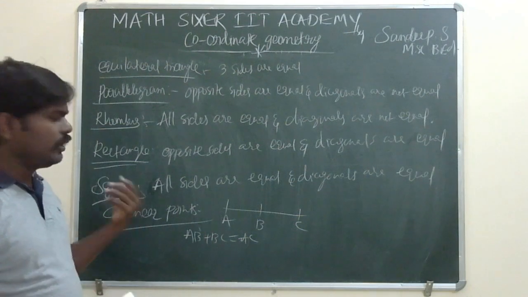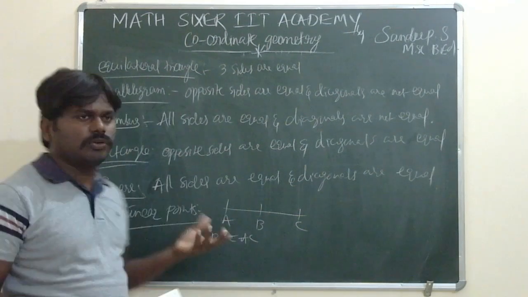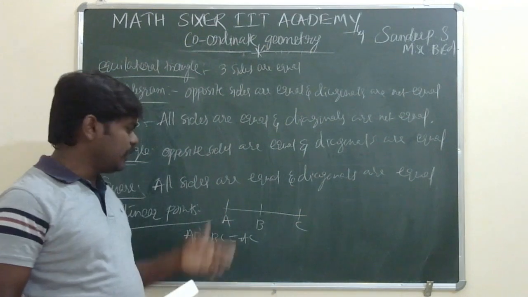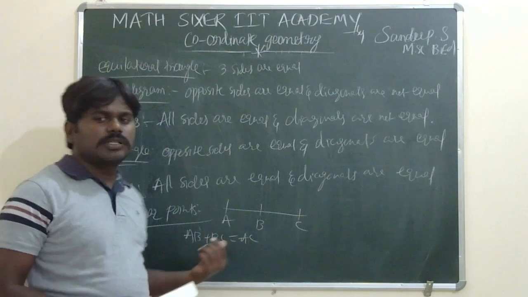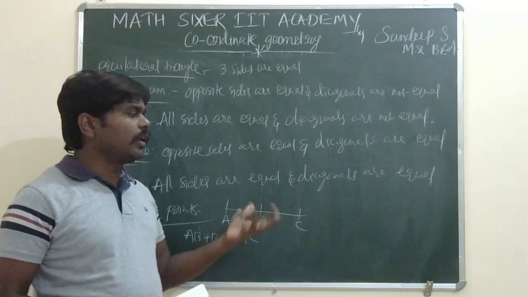But if the order is not mentioned, we have to find the sum of the distances between any 2 points, and then prove that it is equal to the distance between the remaining 2 points.